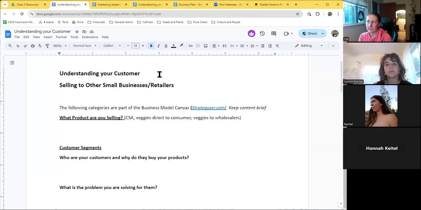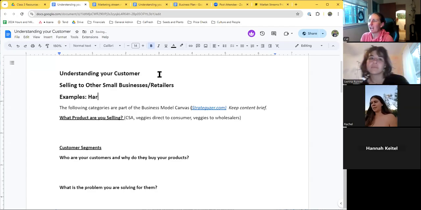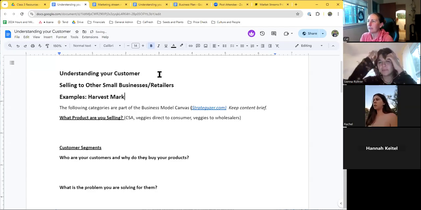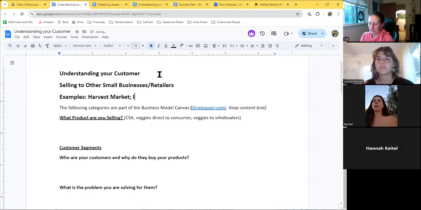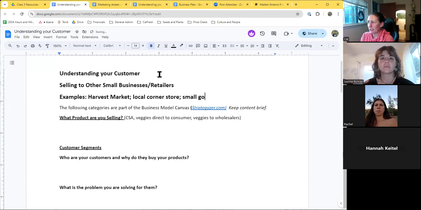Some examples of these types of businesses would actually probably be your Harvest Market, Sienna, to some extent. Harvest Market, yeah, just like a local corner store, a small goods store, like People's Co-op, People's Grocery.